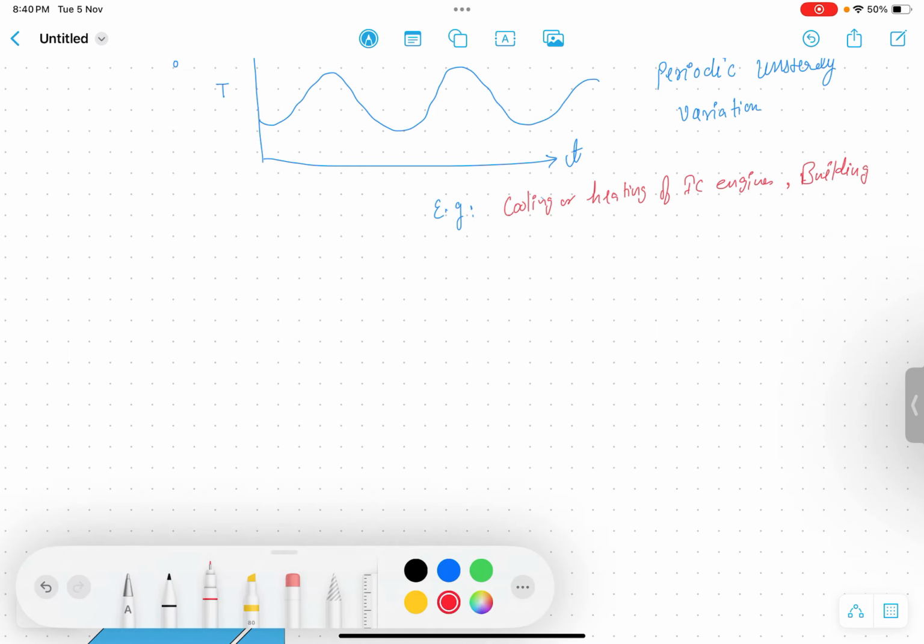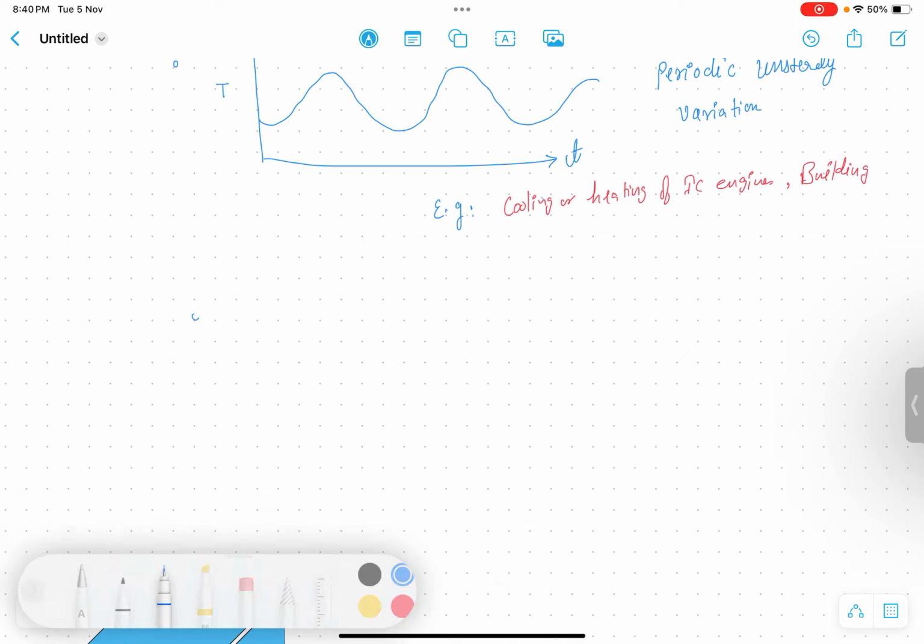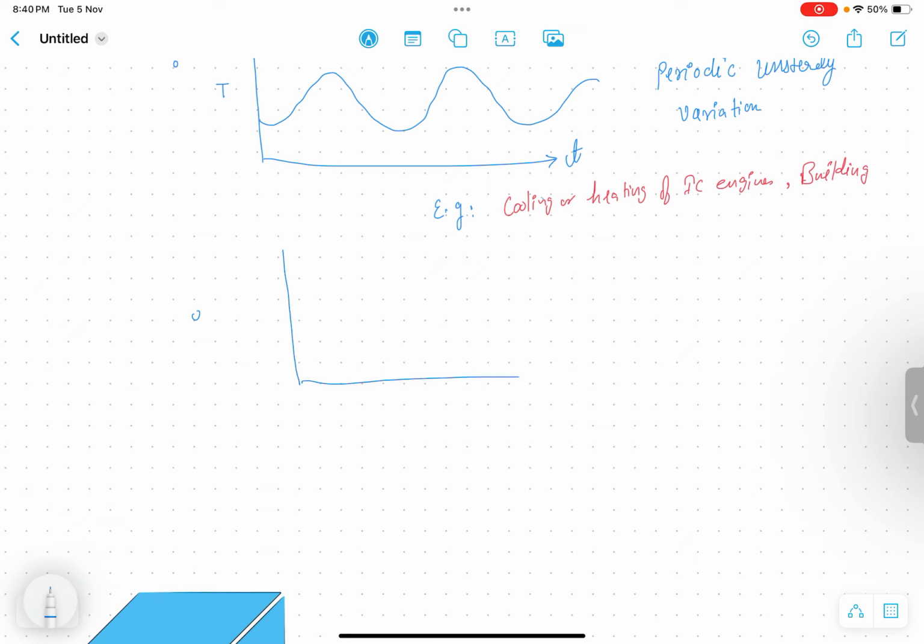Next, if the variation of temperature with time is like this, this is just a qualitative graph, not quantitative, it is not up to scale.